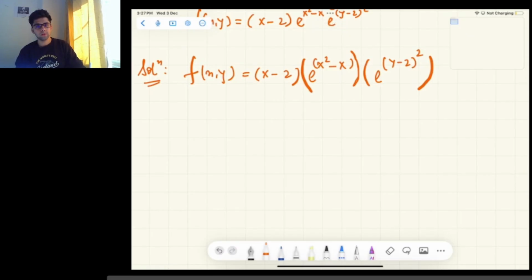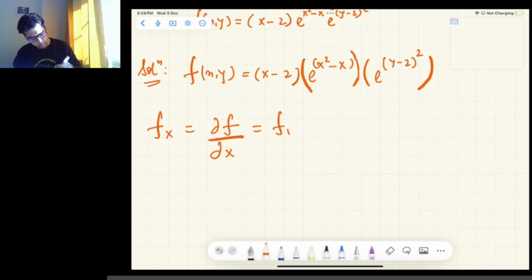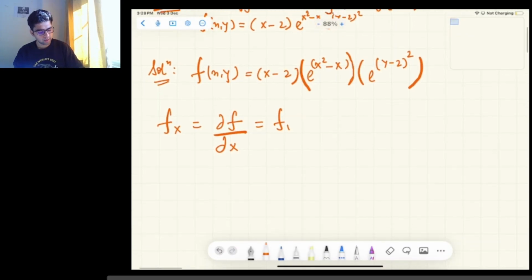For finding the stationary points, we find the partial derivative with respect to x of the function first, then the partial derivative with respect to y, and then we equate both of those partial derivatives to 0. So del f by del x, which is also known as f1, where x is my first variable, so I'll denote it using 1. y is my second variable, so I'll denote it using 2. I discussed all of these concepts in the previous video, so watch that video and then come to this video. Things will be more clear to you and you will know what I'm doing here.